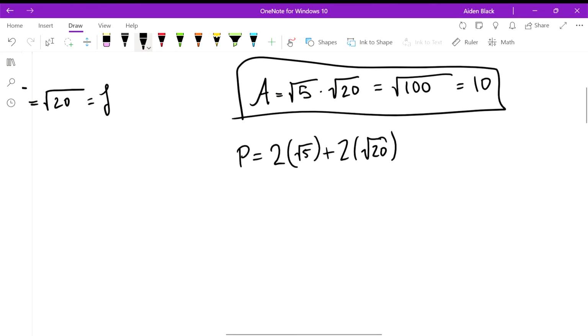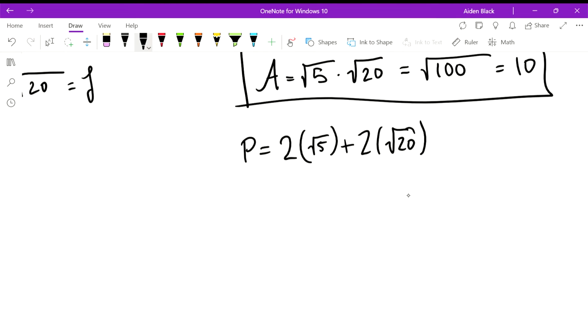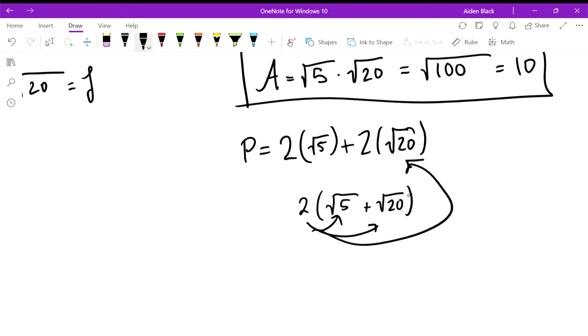How about the perimeter though? Well, I'm going to simplify it by writing 2 times square root 5 plus square root 20. This is the distributive property. If I distributed this out, I would end up with my original statement there.